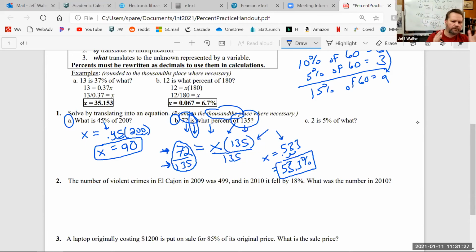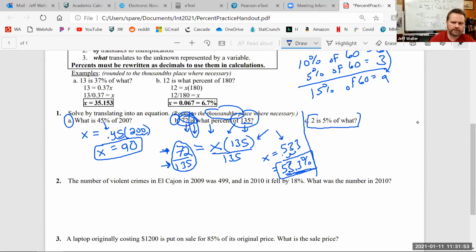Also, why does this answer make sense? Isn't 72 half of about 140? So then it should be a bigger percentage of 135. The fact that it's a little more than 50% makes sense.